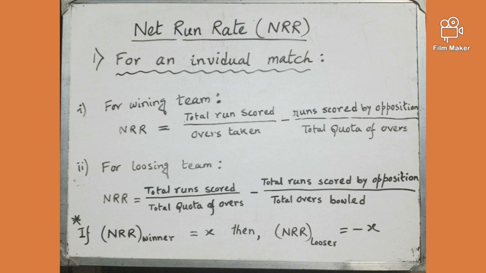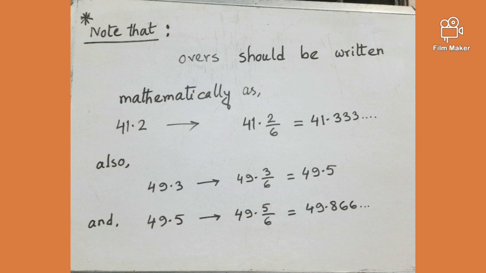Remember that the overs should be written mathematically. For example, if one team completes the match in 41 overs and 2 balls, then mathematically it should be written as 41.333.